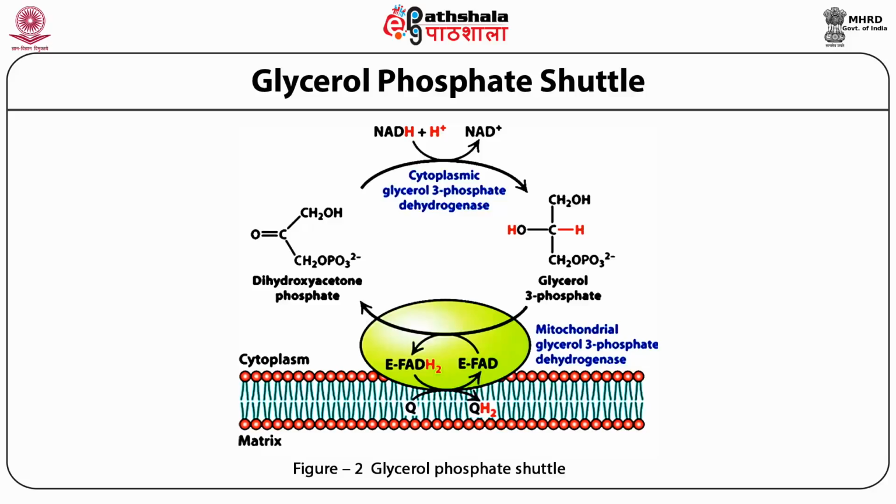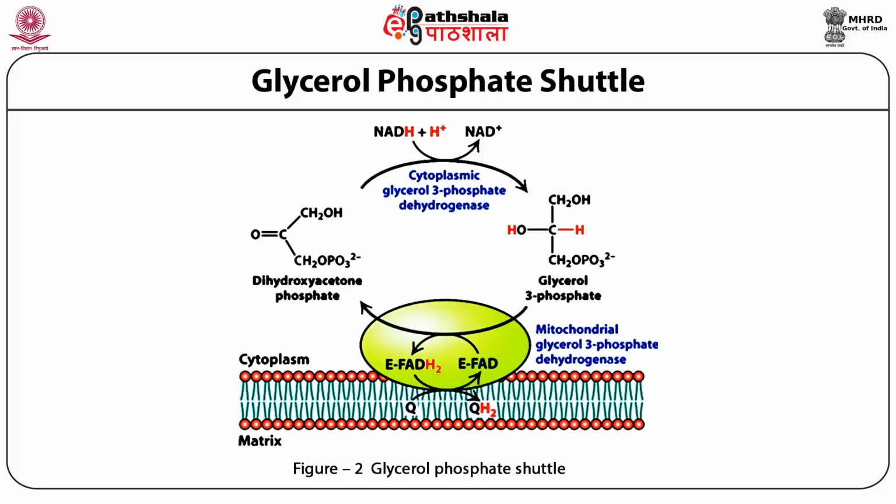At this time, the enzyme-bound flavin adenine dinucleotide, that is FAD, is reduced and converted into FADH2. FADH2 then reduces coenzyme Q, ubiquinone, to ubiquinol, which enters oxidative phosphorylation.